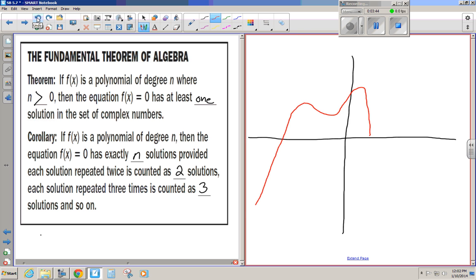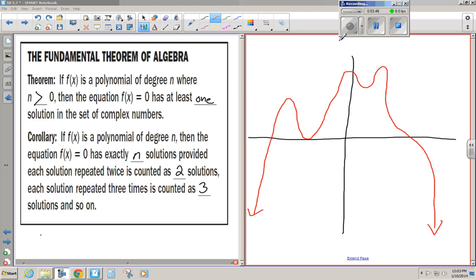I'm going to try to perfect this graph just a minute. Okay, so looking at this graph, you can know a few things about its zeros. You know that every time it touches here, that there is a 0. A real 0. So these are real zeros.